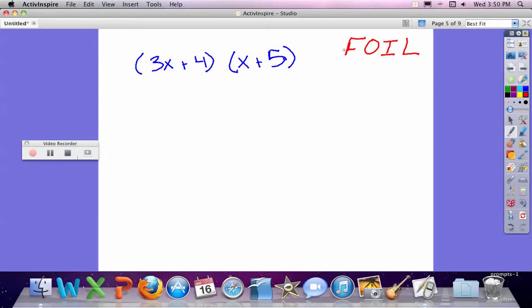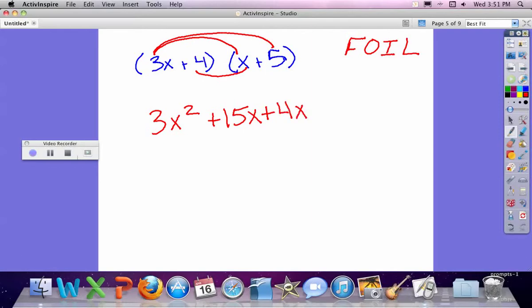So 3x times x would be 3x squared. The O tells me to multiply the outside terms together. 3x times 5 is 15x. The I means the inside. 4 times x is 4x. The L means the last term in each set, so 4 times 5, which is 20.